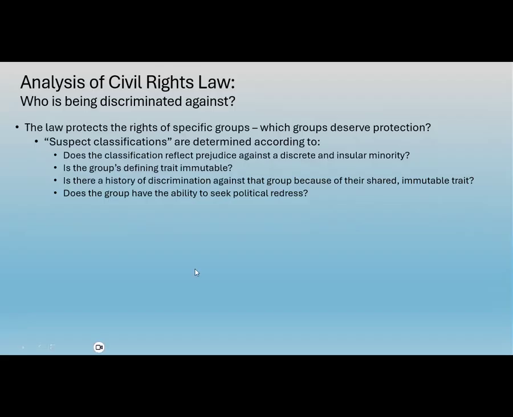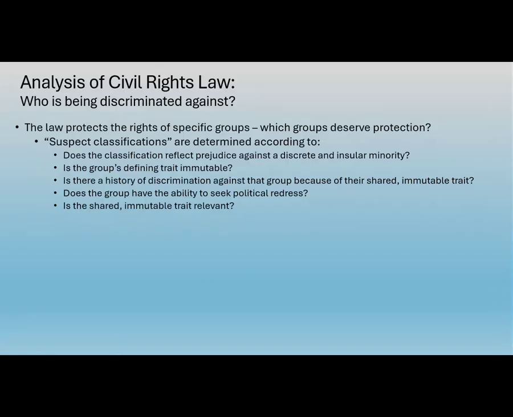Is that shared immutable trait relevant? A person's race is wholly irrelevant, so no law that discriminates on the basis of race could ever be valid, regardless of the political power or powerlessness of the racial group.